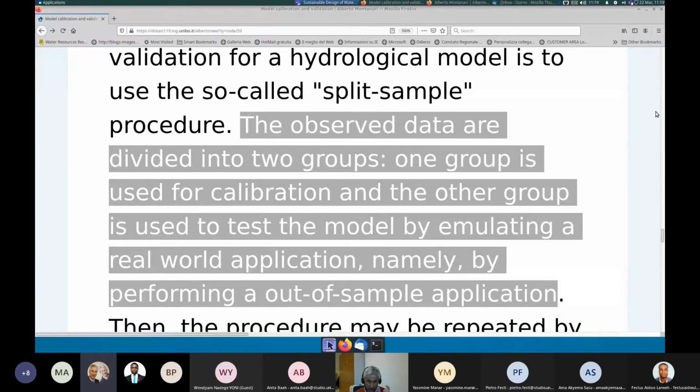You get one parameter set, one indication of model performance. Then you leave out the second year, and you make calibration with year 1 and years 3 to 10, and you validate on the second year, and you have a second set of parameters and a second indication of model performance. At the end, you can take the average of model parameters and the average of model performances. This is called Jackknife validation.